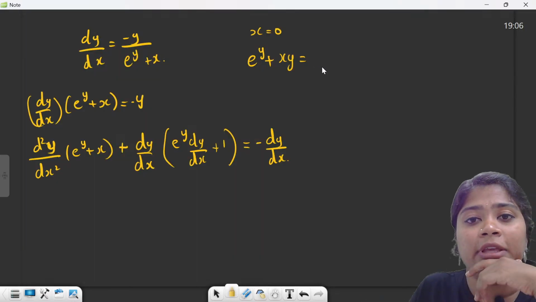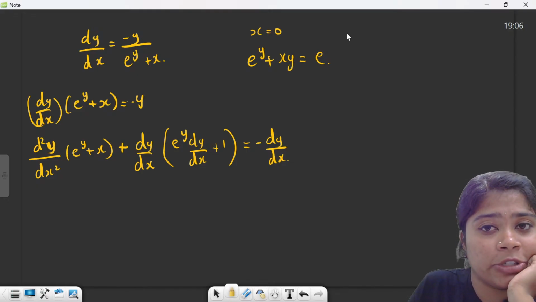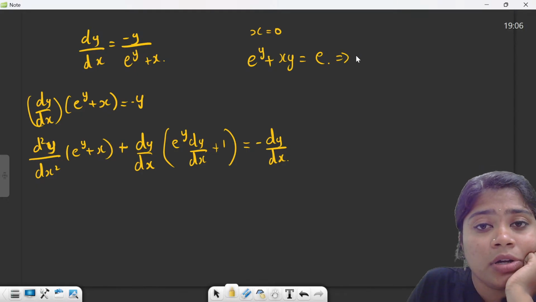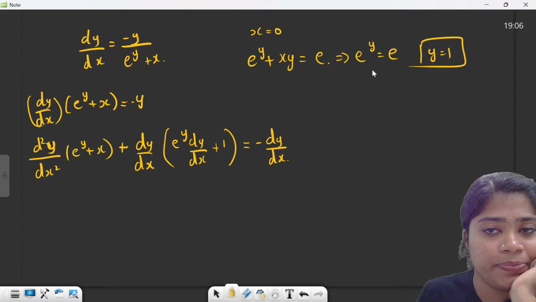When I substitute x is equal to 0, this term becomes 0. E power y is equal to e, so y value is equal to 1, right?